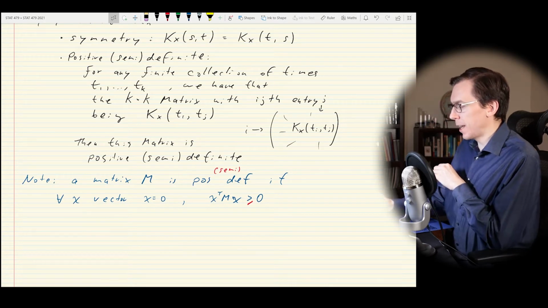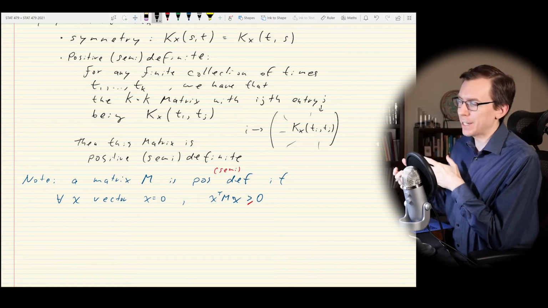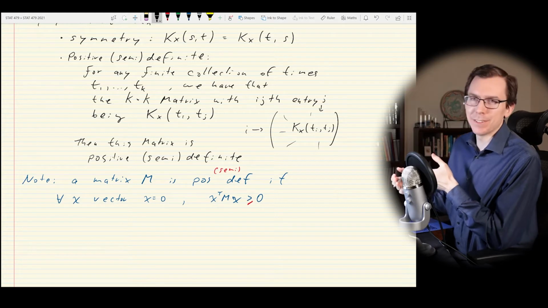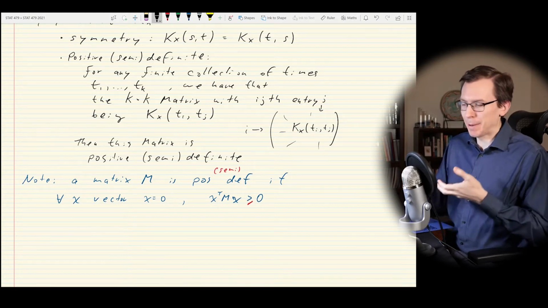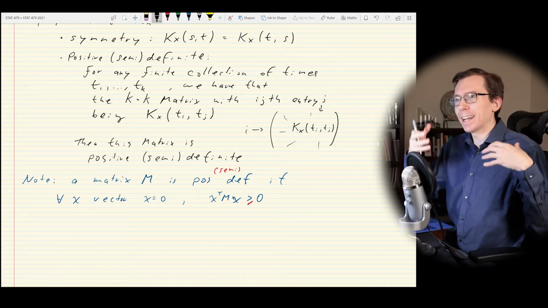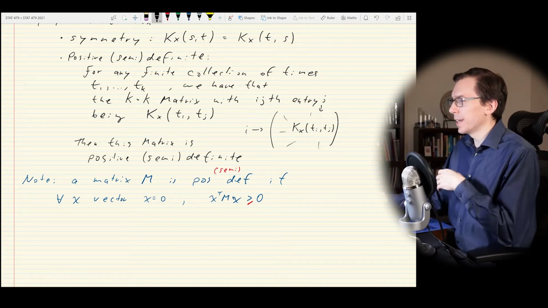So it's just a nice property, and it's something that we know about covariance matrices. Covariance matrices in multivariate statistics have to be positive semi-definite, much like how a variance has to be a positive number. The positive definite matrix is kind of an analog of a positive number for matrices, is one way to think about it.